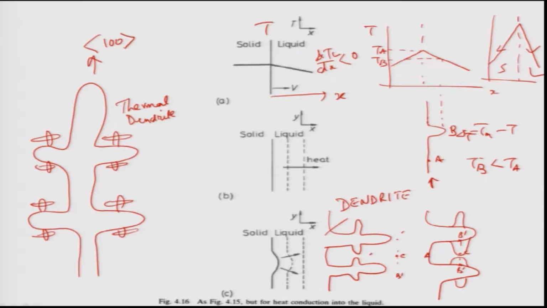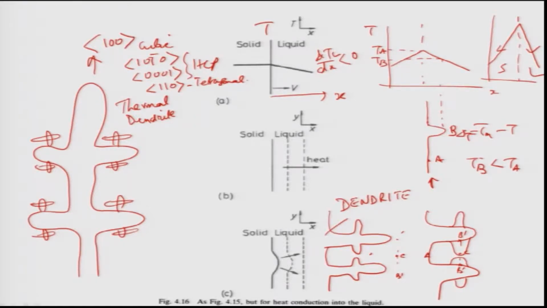For hexagonal it is basically 1 0 1 bar 0 or 0 0 0 1. These are the two directions which have been found for HCP crystal. On the other hand, 1 1 0 is found in tetragonal crystal.